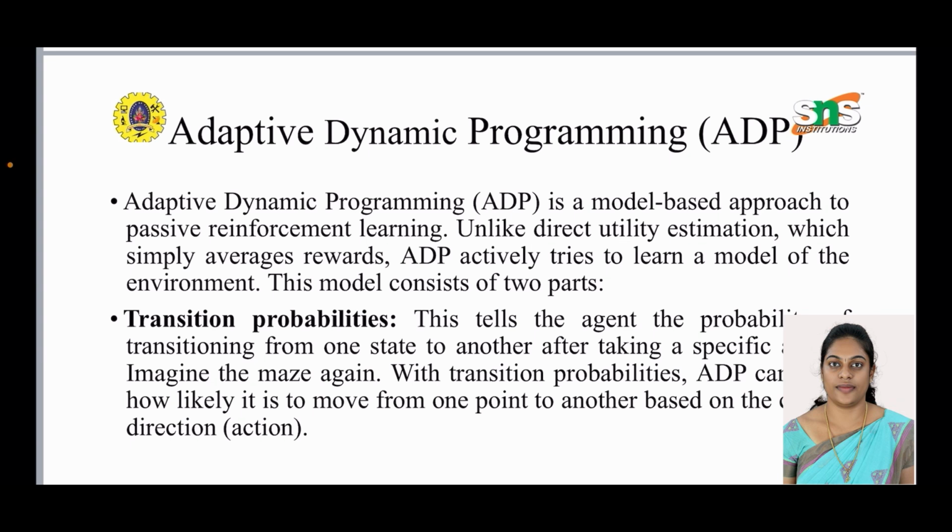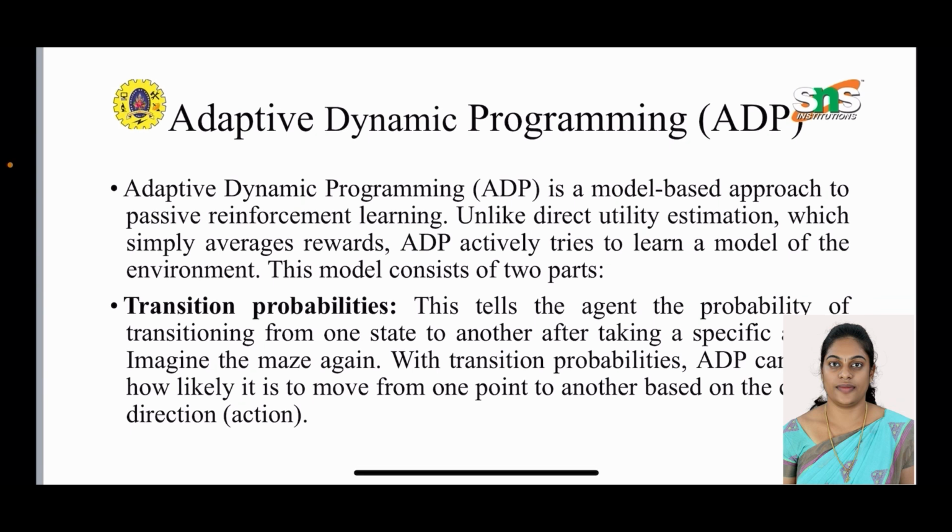Next is adaptive dynamic programming. Adaptive dynamic programming is a model-based approach. The core idea of ADP is to learn the model of the environment to overcome the limitation of passive reinforcement learning.